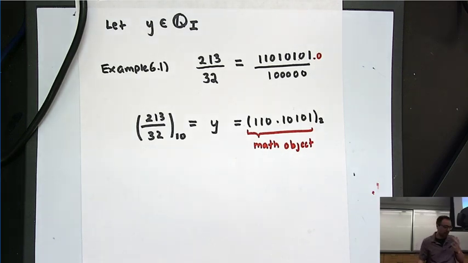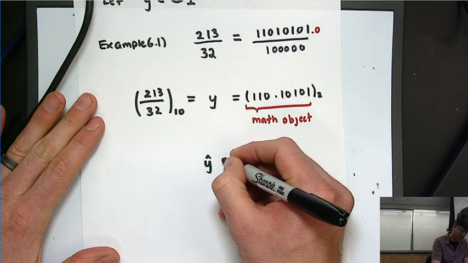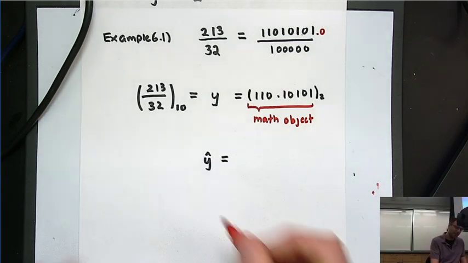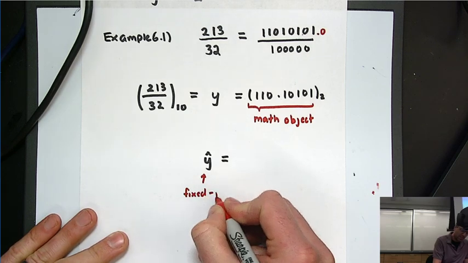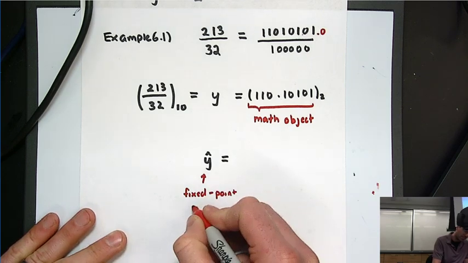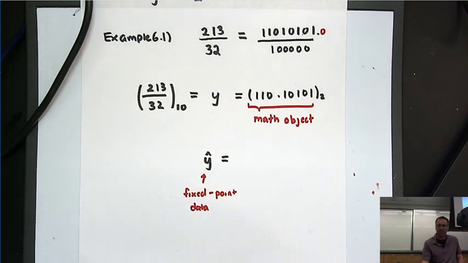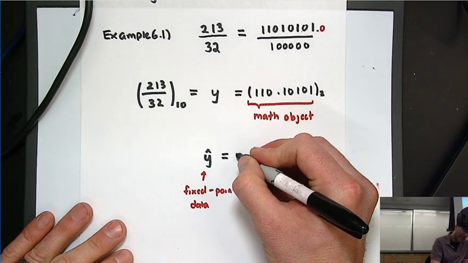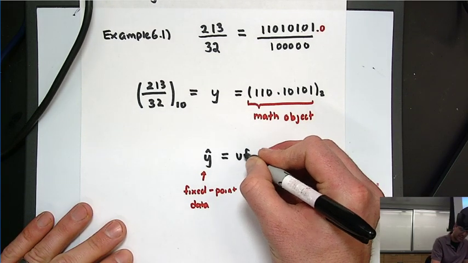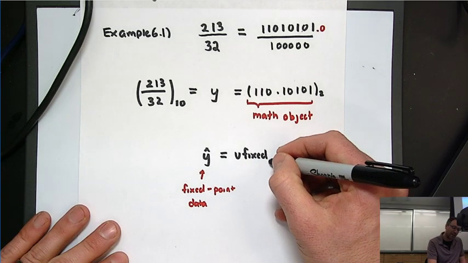We're going to introduce something called a programming object, which is a data class used to encode this math object. And in this case, what we're going to do is think about this as an unsigned fixed point binary integer.